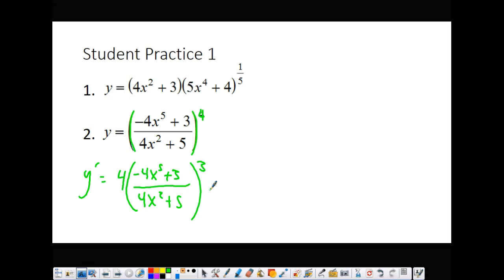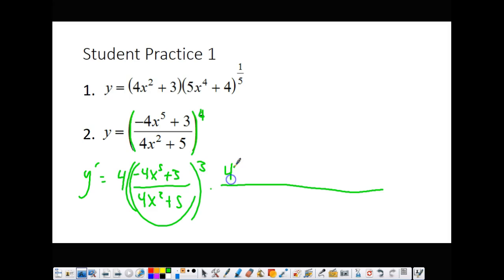And then, Andrew, here we do the derivative of the inside. And so what rule do we apply here? It's the quotient rule, right? So the chain rule is outside, inside, and the inside part is a quotient rule. So we do low d high minus high d low, draw a line and square below. I'll go ahead and just do that real quick.